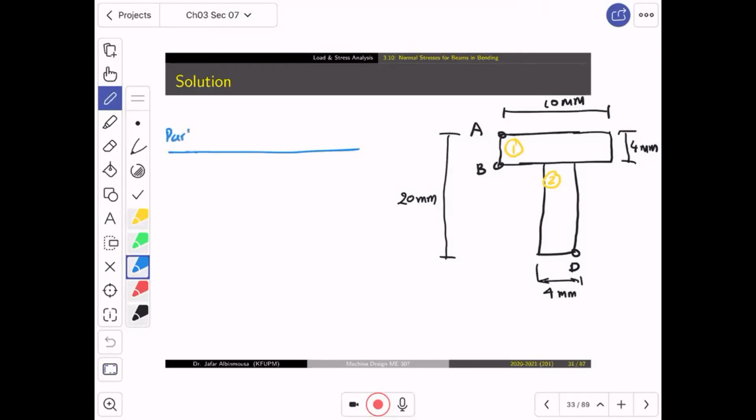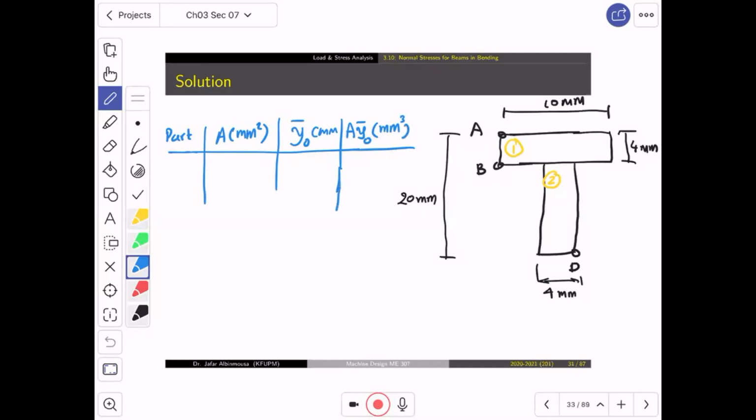This is part, and then I will have the area in millimeters square, and then I will have y0 bar in millimeter, and then I will have the multiplication of A multiplied by y0 bar, which is going to be millimeter cube. Do you see that?